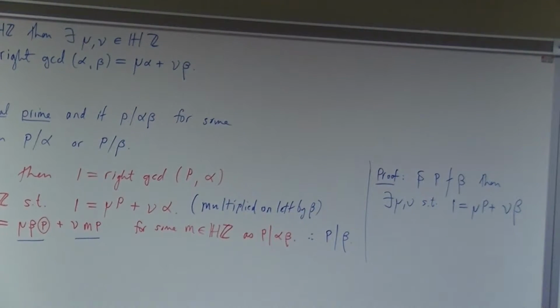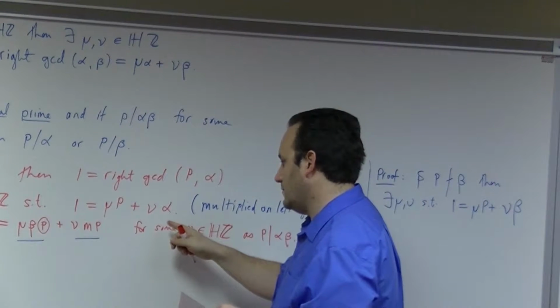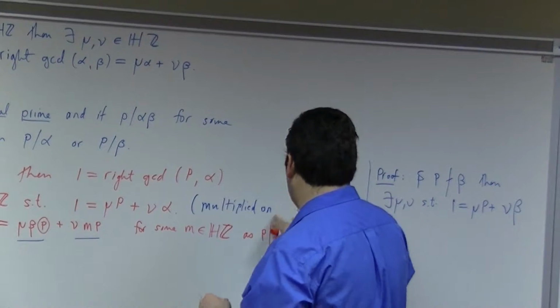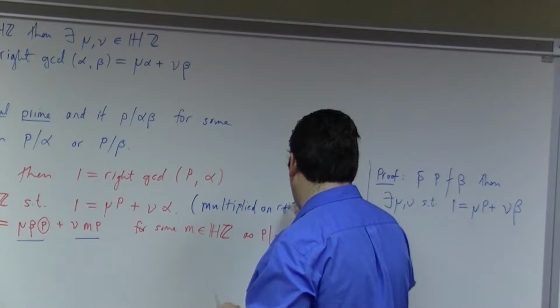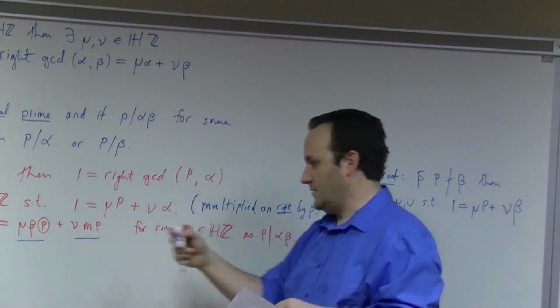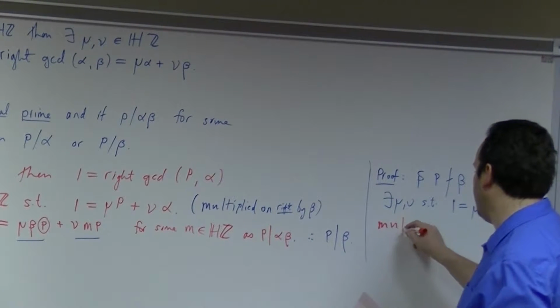So if we go through the parallel argument, it's on the right. Oh, that one's on the right. Oh, it's on the left. Yeah, you're right, you're correct. Then this one, I have to multiply on the left, right?